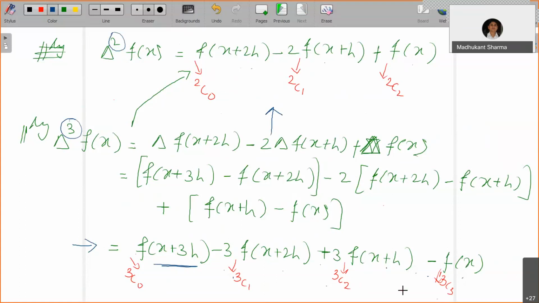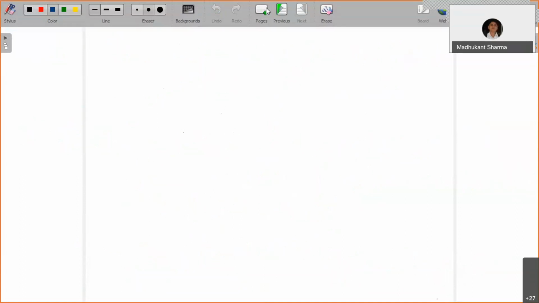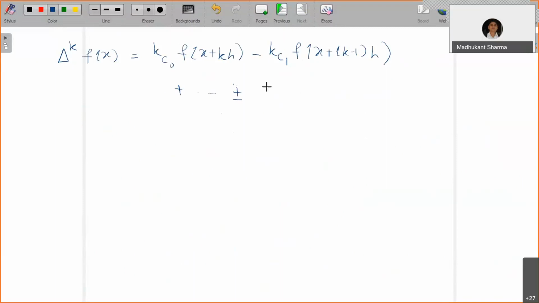If I wish to generalize this now, following this pattern, delta^k f(x) equals kC0 f(x+kh), minus kC1 f(x+(k-1)h), and so on, plus or minus kCk f(x).